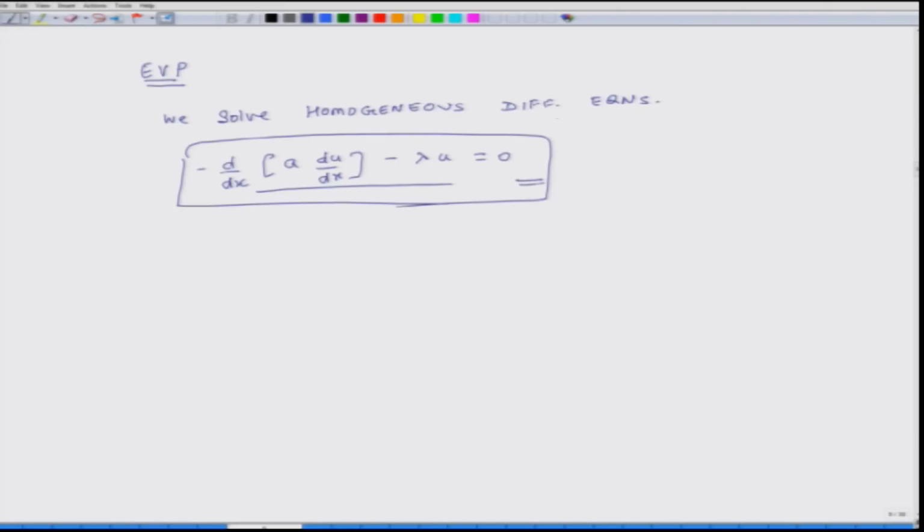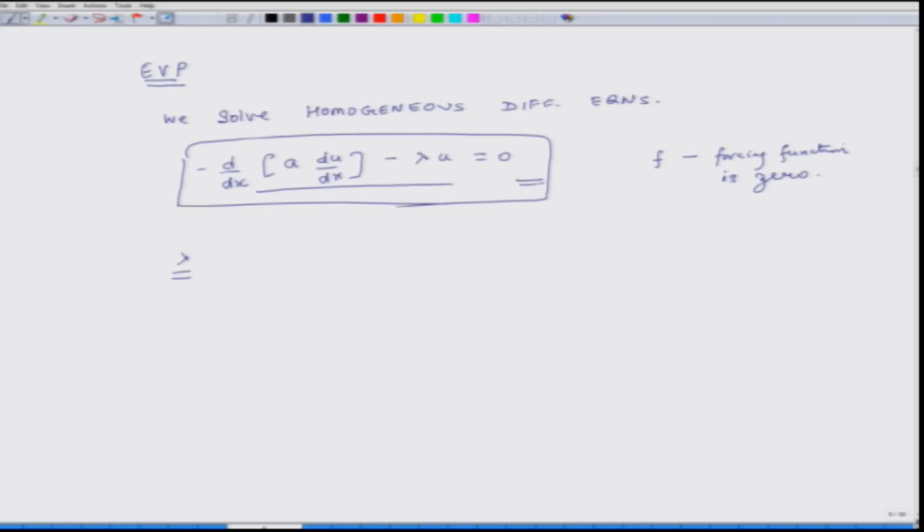So this is a homogeneous differential equation because the forcing function is 0, and in this case we solve this equation to find the values of lambda.